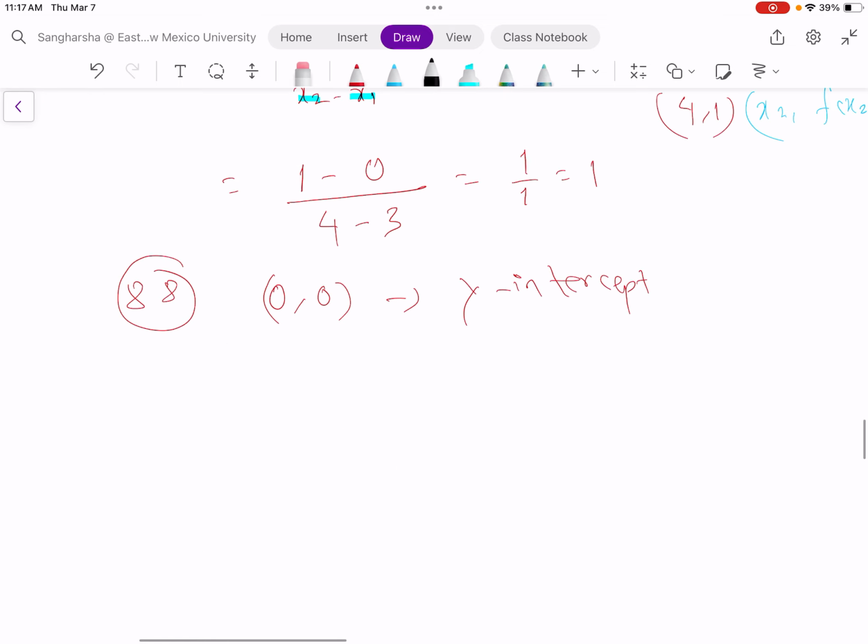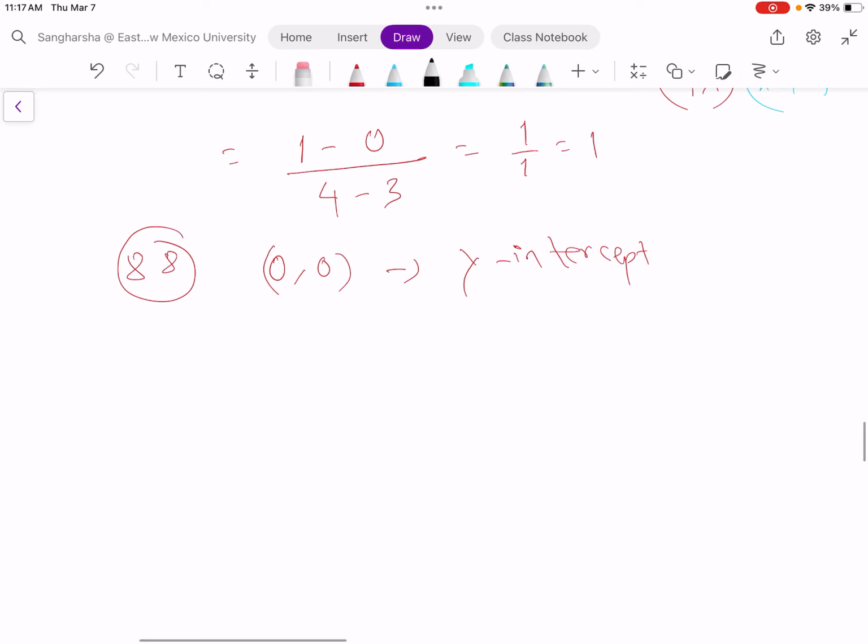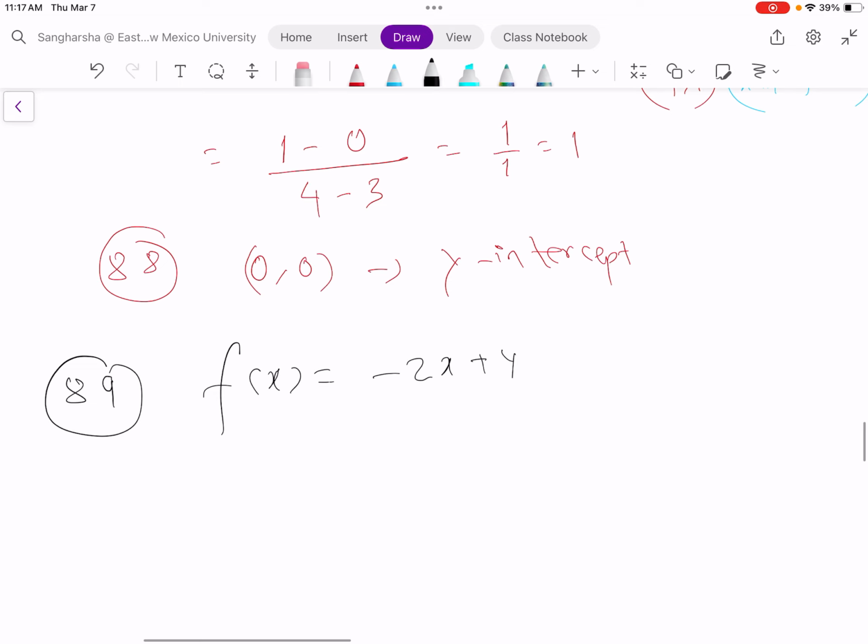Next, we need to find the average rate of change for 89 and 91. In this case, we are given a function. Let me do 1 and the next I think you can do. In 89, we are given f of x equals negative 2x plus 4, and we want to find the average rate of change in the interval 2, 3.